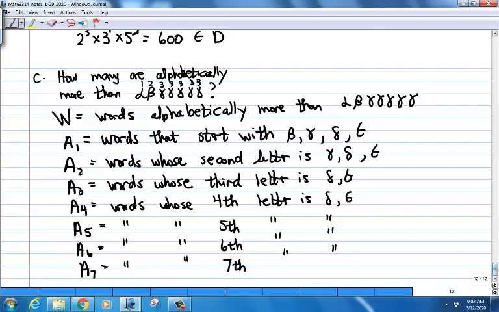I think you're right. All of these sets are certainly subsets of W. And if you take the union of all of these sets, that's going to give you all of these words, because I don't think there's any other situation where you can have a word.